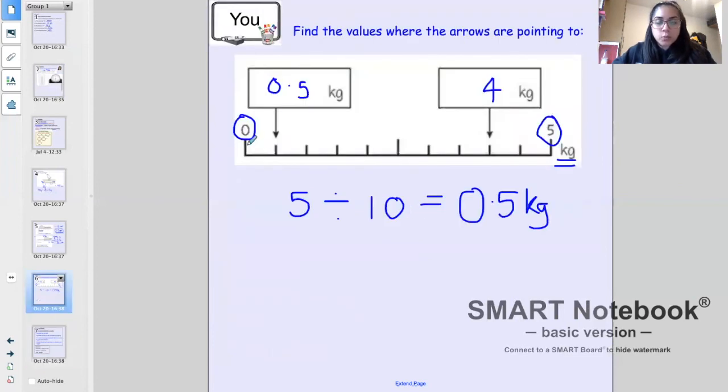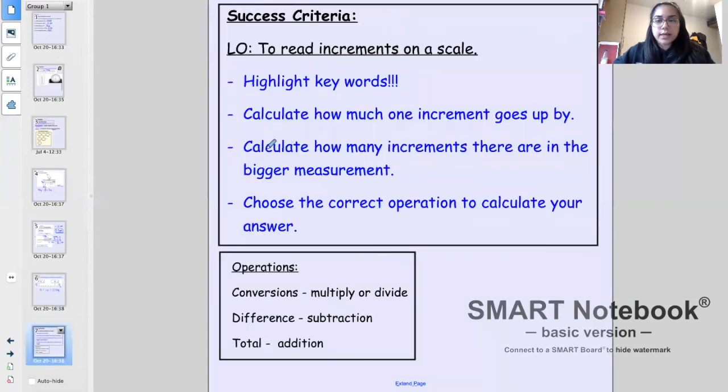So remember, we looked at what our scale is from the 0 to the first unit we can see, and we see how many increments there are, and divide our first unit by the number of increments to find the equal parts. Okay, remember, increments are equal parts. They go up in equal amounts.